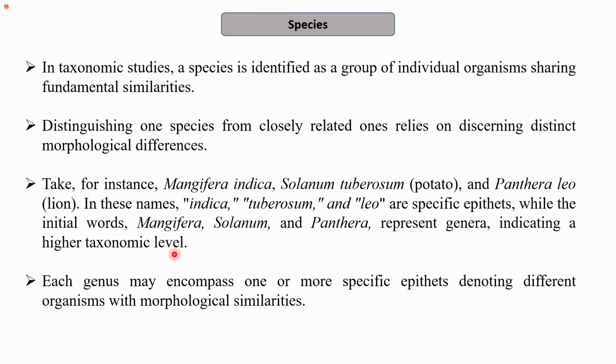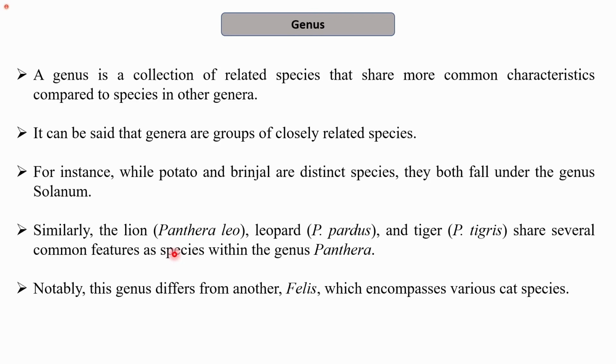So a genus is a collection of related species that share some more common characteristics compared to other species in other genera. So the genus includes a collection of related species. It has more characteristics in common as compared to the other genera.